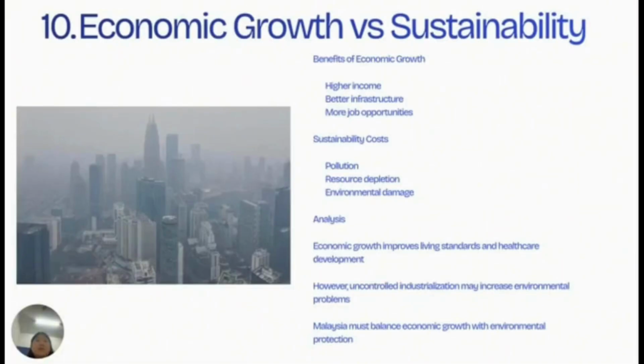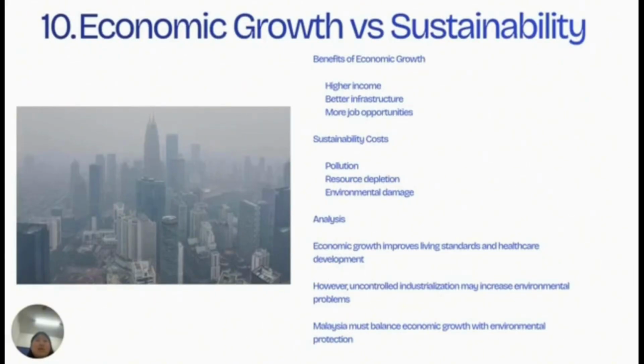Malaysia's economic development has clearly improved living standards and human development. However, rapid industrialization can also create environmental costs such as pollution, resource depletion, and climate risks. This means there is often a trade-off between growth and sustainability.